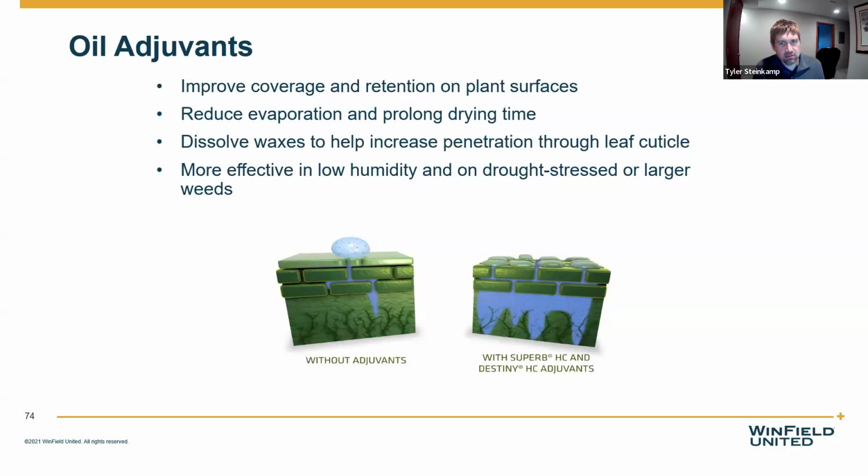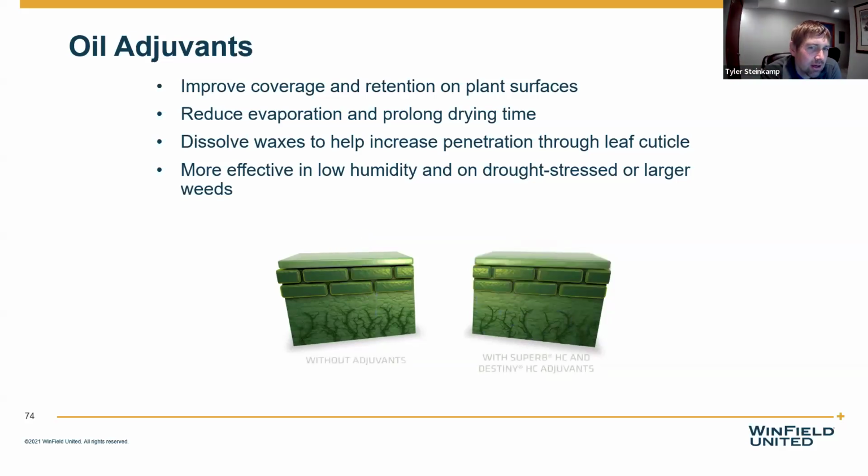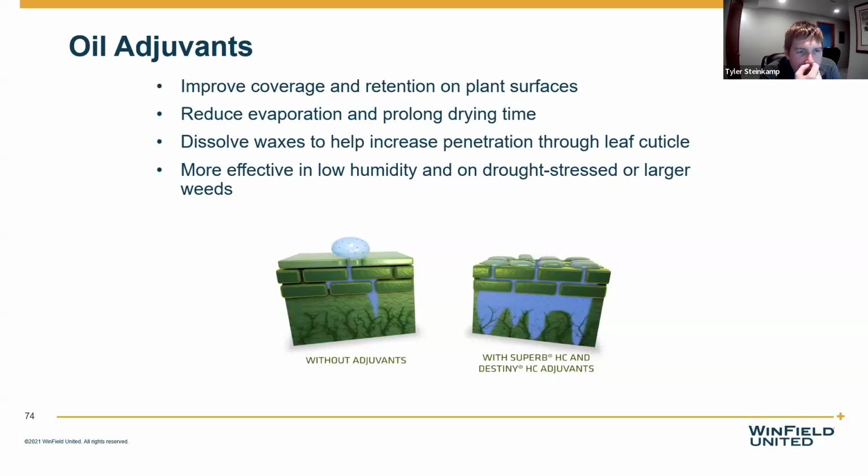Okay, and so that cuticle layer, especially on a hot and dry type of situation, is usually fairly thick. And so when we get that thicker waxy cuticle, we need something to melt through that so that we can penetrate that leaf surface and actually get into the plant.